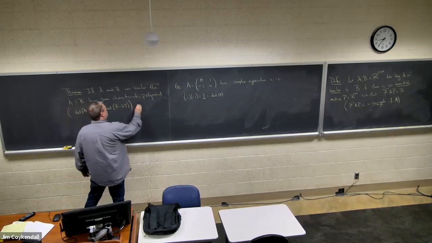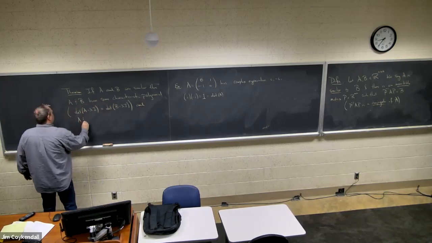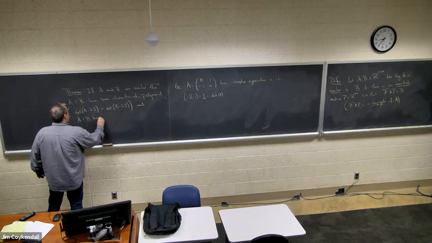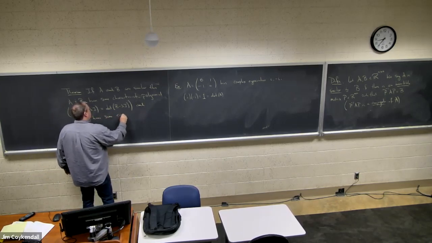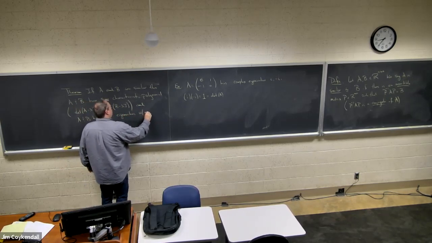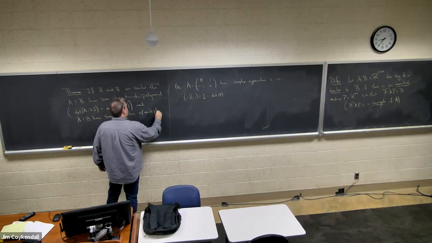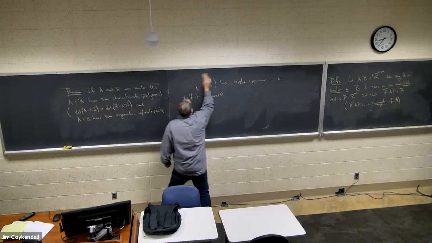And A and B have the same eigenvalues, because you get the same characteristic polynomial.